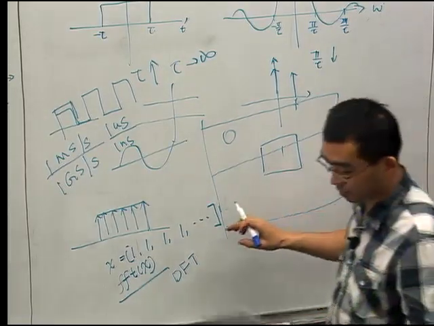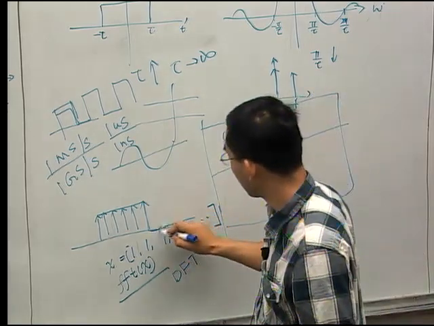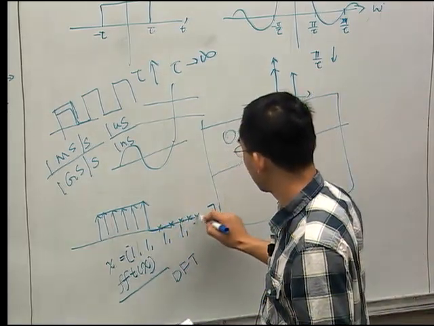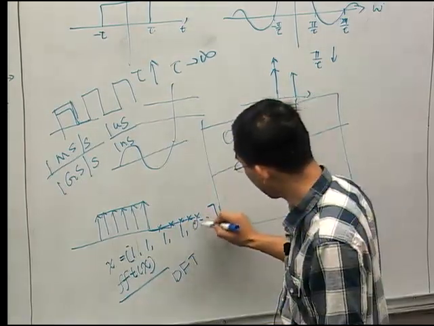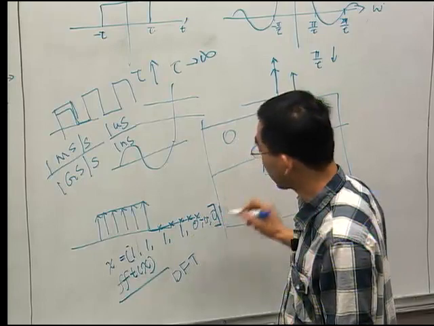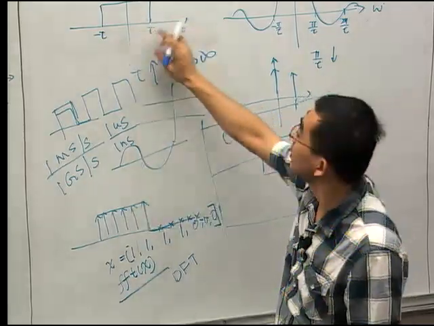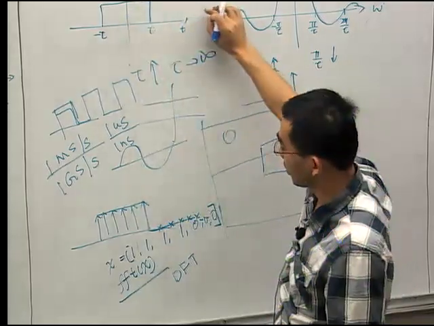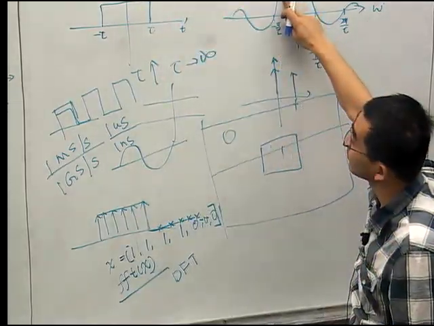So this is DC. But if you are padding 0, then it's not anymore. You have 1, 1, 1, 0, 0, 0. Then this one becomes this one, but maybe shifted toward here. So it will become something like this.